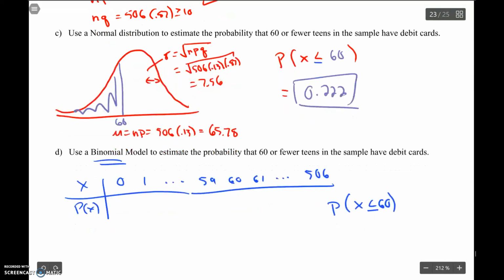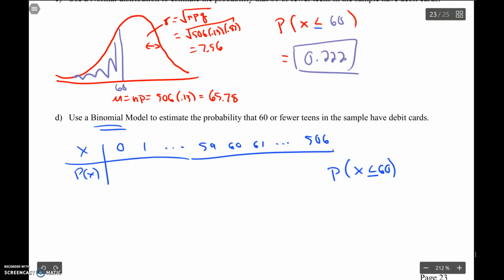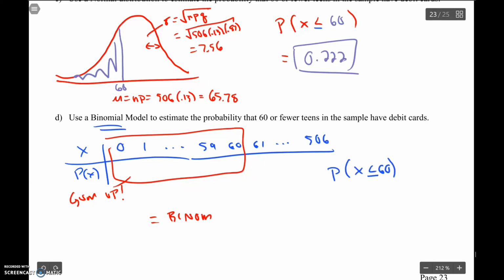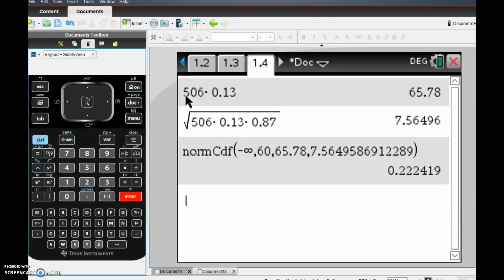Here it actually does matter. 60 or fewer is all of these added together. That is the binomial CDF, n equals 506, p equals 0.13, lower bound equals 0, upper bound equals 60. It should be close to this. Let's see how close it is.